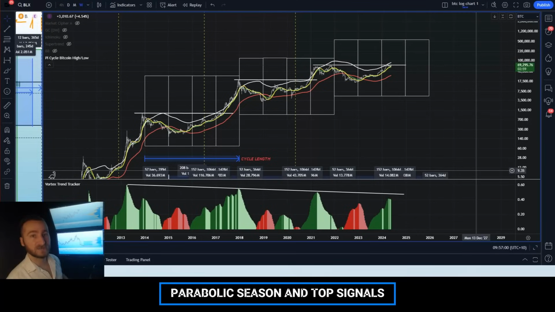What you need to decide on, more importantly, is when should I be scaling out of my positions based on leading data, and leading data is going to be based on developing strength on the higher time frames.